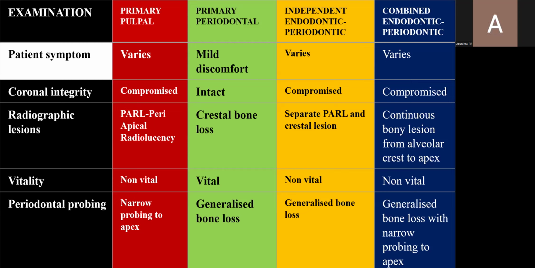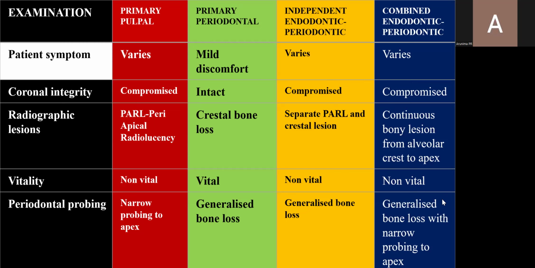And when you see the radiograph, you can very well appreciate the periapical radiolucency in the case of primary endodontic lesions. Crestal bone loss is well appreciated in primary perio. If it is an independent lesion, you can see both periapical and crestal lesions, but they will not be connected.